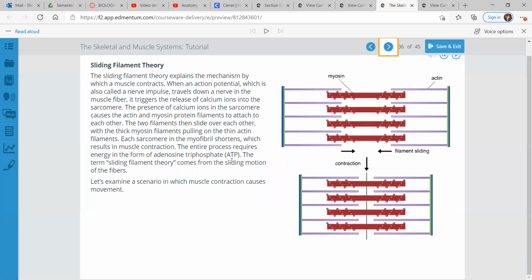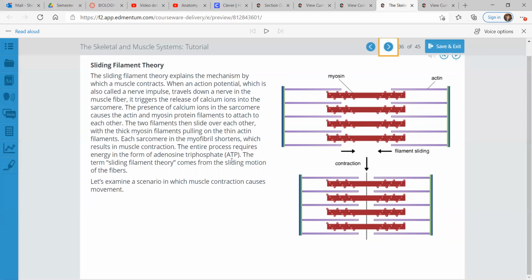The two filaments then slide over each other with the thick myosin filaments pulling on the thin actin filaments. Each sarcomere in the myofibril shortens, which results in muscle contraction. And this whole process requires energy in the form of adenosine triphosphate, or ATP. The term sliding filament theory comes from the sliding motion of the fibers.